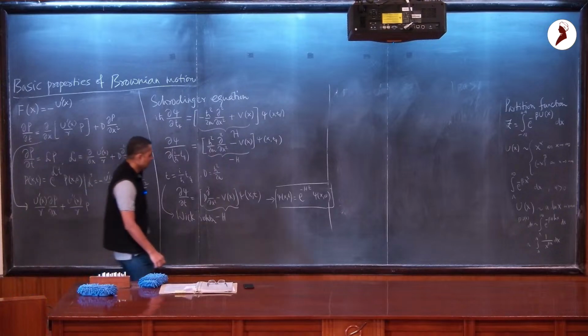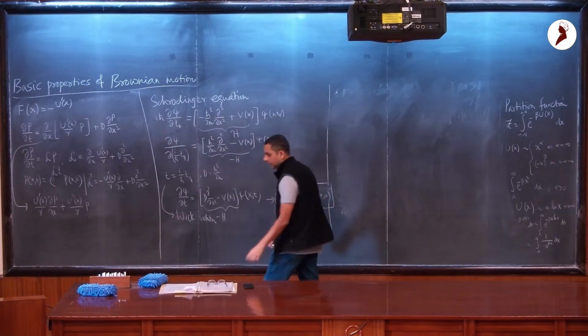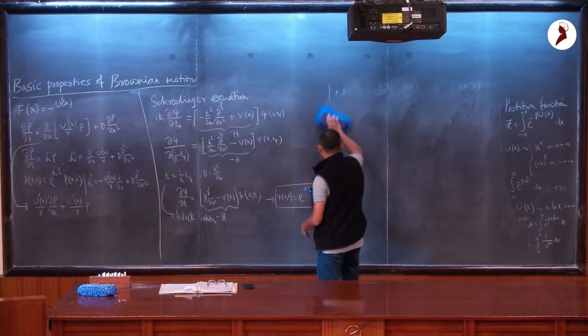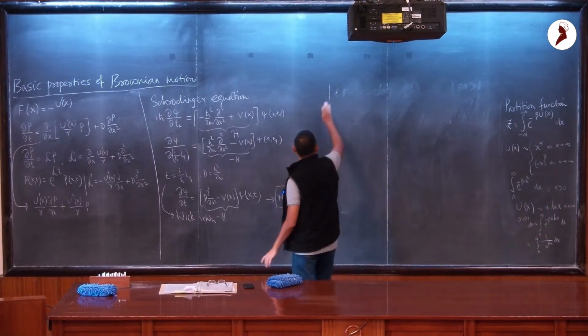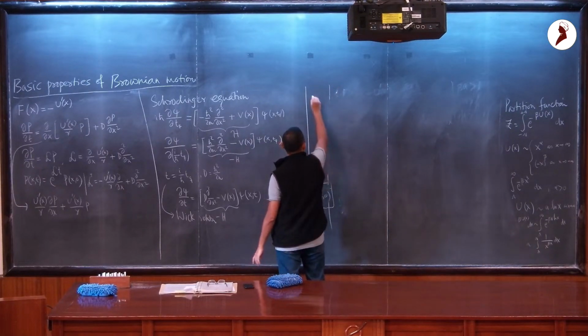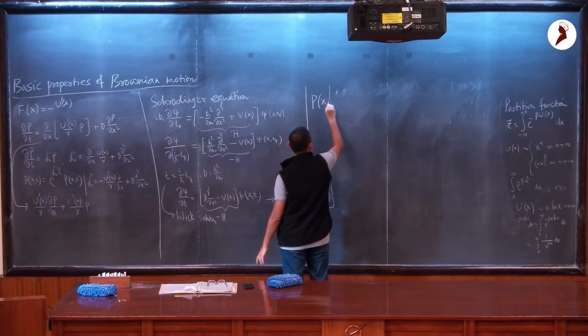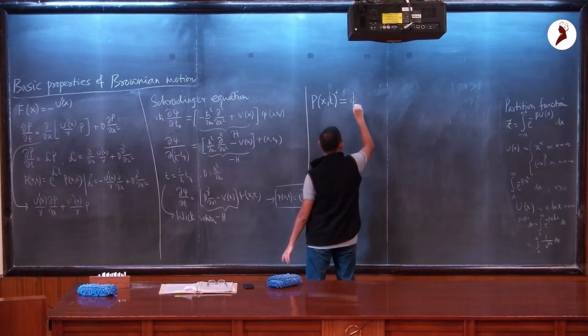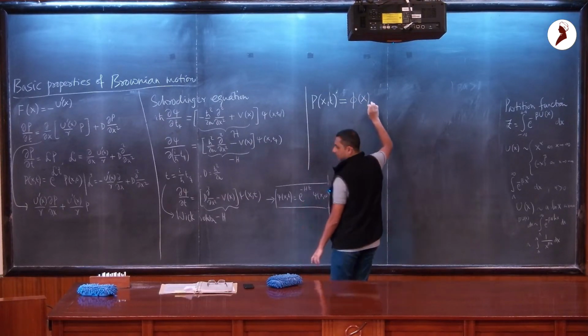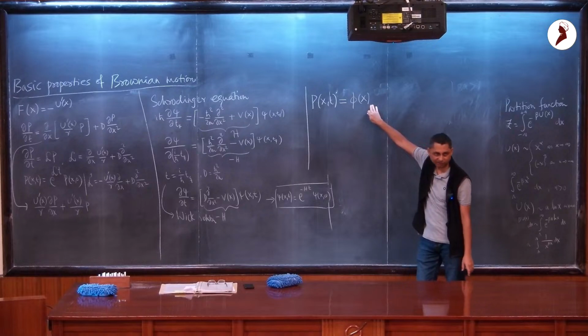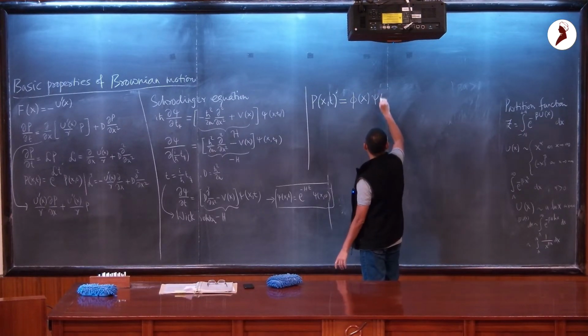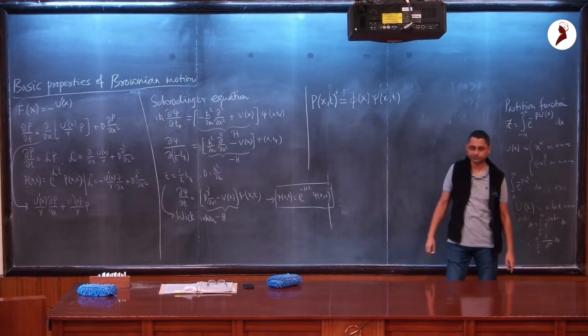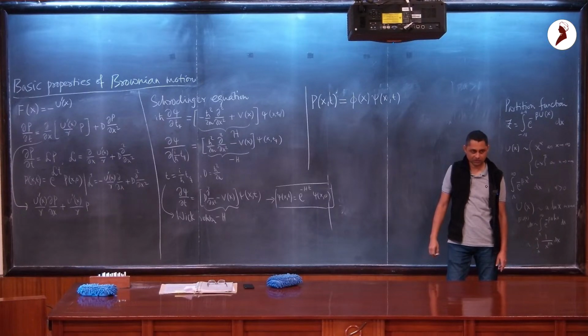So let's try and see if it works. We are going to use p(x,t). I am going to assume it is some function f of φ(x), which I do not know, times ψ(x,t).